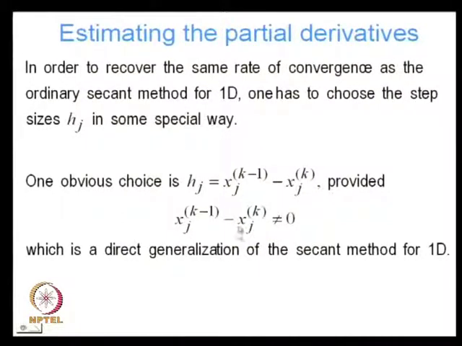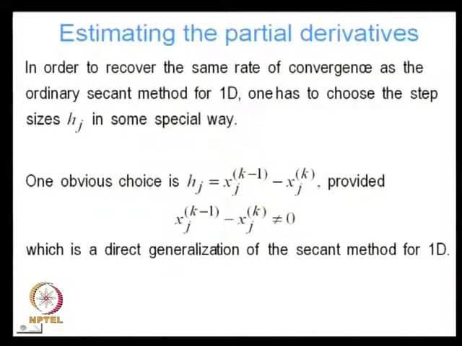And if I choose my hj's like I do for my secant method, I am going to get the same rate of convergence as my ordinary secant method. Remember that now we can no longer expect to get quadratic convergence. Why? Because we are not using the exact derivatives; we are approximating these derivatives using directional derivatives.